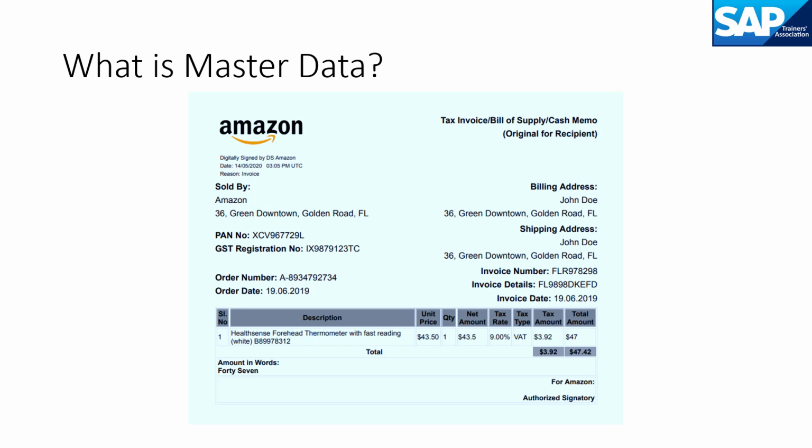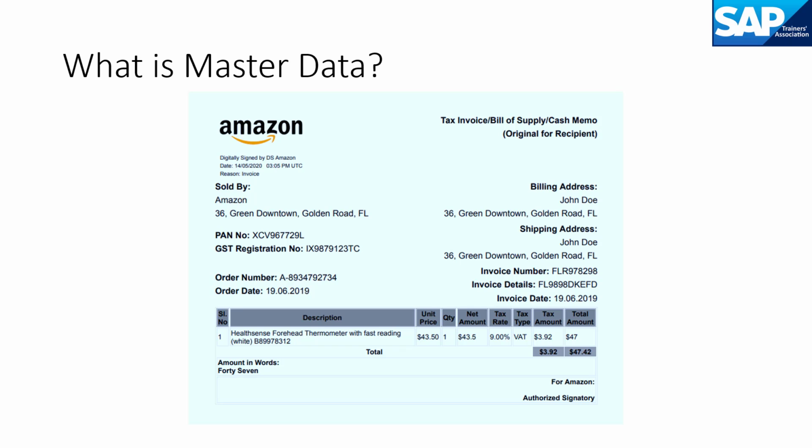Now I've taken an example from Amazon. Amazon is a business. They have customers, you and I are the customers, and they sell things. They have corresponding sellers. They can sell in their own name, or they can sell in Amazon's name. But they sell the product, get the money, and give us the invoice.